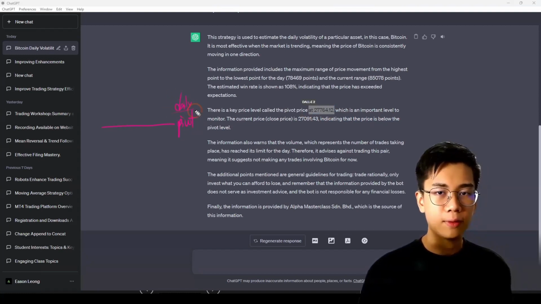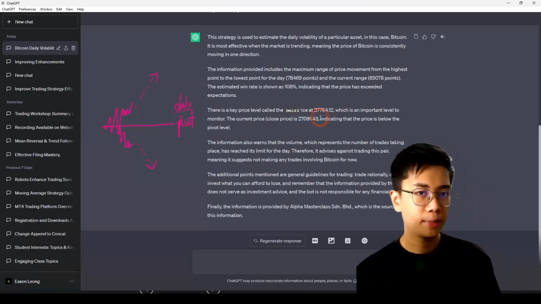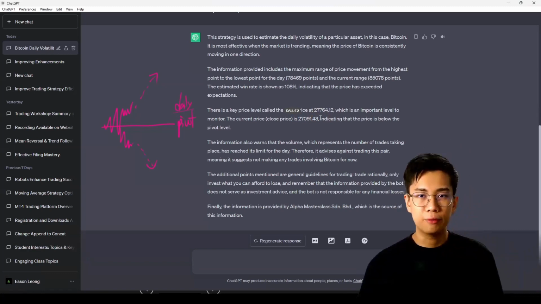This is the daily pivot, meaning that as long as the price is above it, look for upside. If the price is below it, look for downside. And right now it is below it. So for Bitcoin, technically you can look for downside movement.